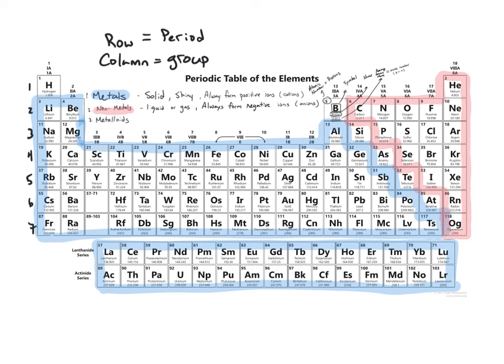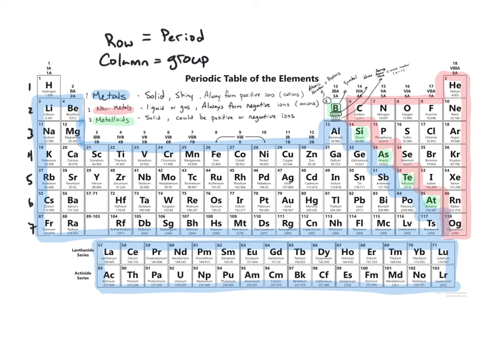Think of them as part metal, part nonmetal, which is why they kind of formulate the border between the metals and the nonmetals. They are typically solid at room temperature, but they could form positive ions or negative ions, so you can see that they have properties of both metals and nonmetals. I'm going to identify the metalloids with the color green.